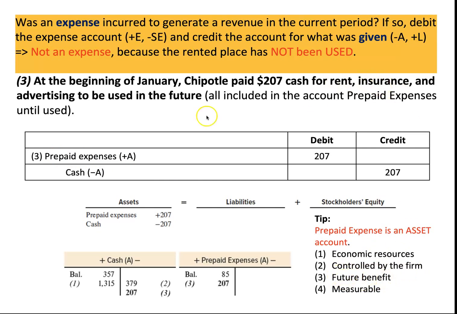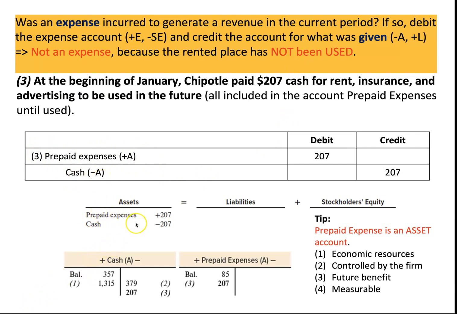Because rent, insurance, and advertising are going to help us earn revenue in the future, but not now. Without the firm using those resources, they cannot be recognized as an expense because they are not being used. So we are going to recognize it as prepaid expense, and then we are going to credit cash.